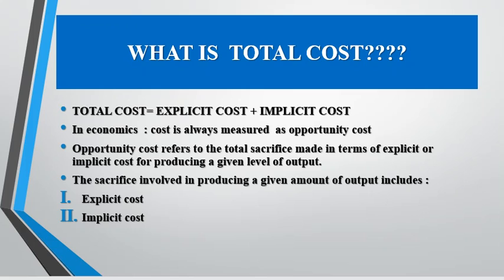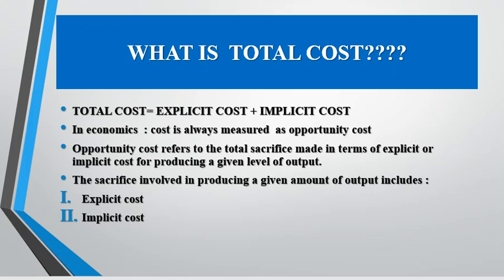In economics, cost is always measured as the opportunity cost. Opportunity cost means the total sacrifice made in terms of explicit or implicit cost for producing a given level of output. Like we are making the payment to someone else, so we are sacrificing.